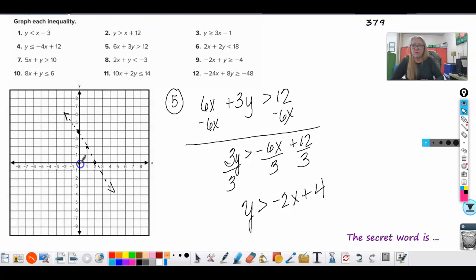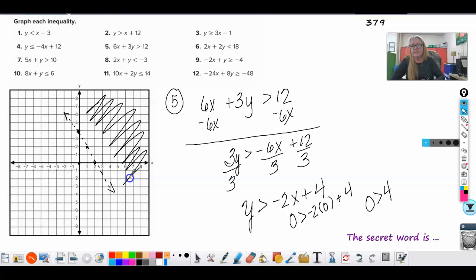I can use 0, 0 as a test point. That would give me 0 is greater than -2 times 0 plus 4, which means we have 0 is greater than 4, which is not the case. So the shading goes on this side of the graph. Like I said, you're going to be doing these on paper and pencil, so feel free to get out the colored pencils and the gel pens. You'll need a straight edge also.